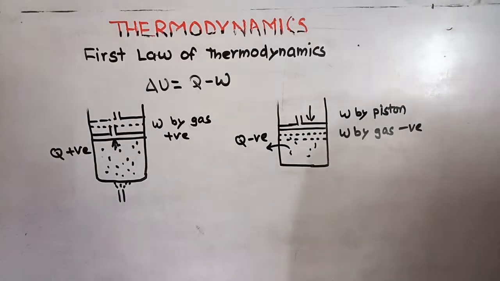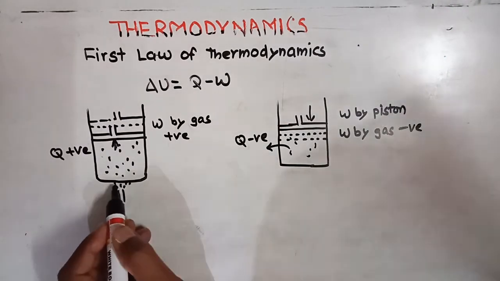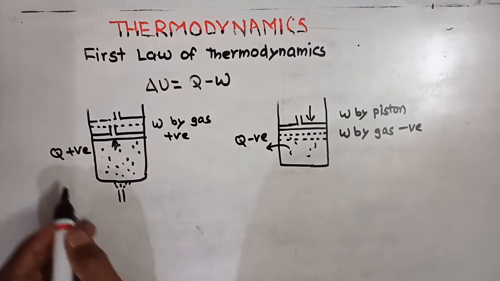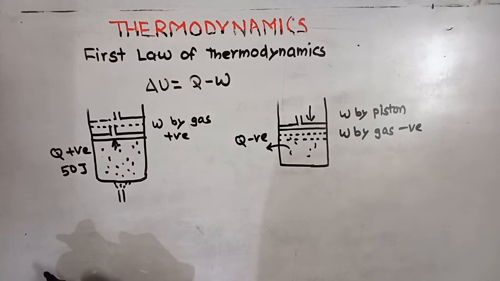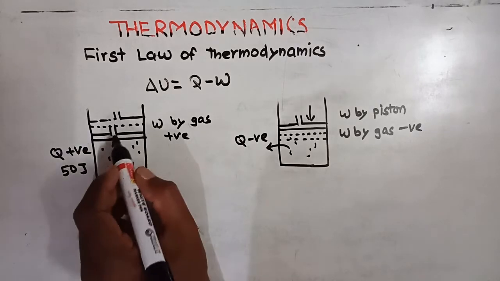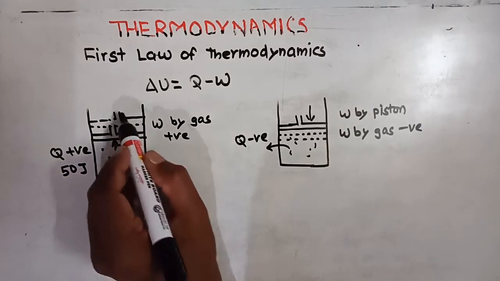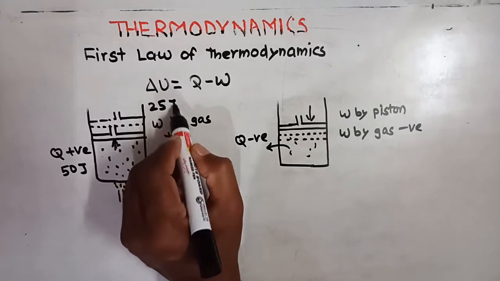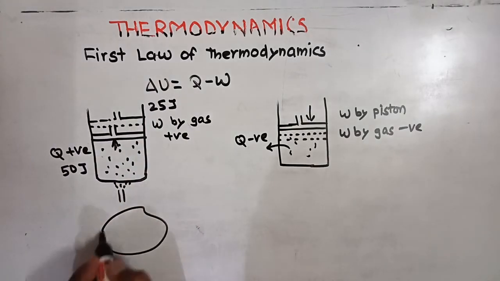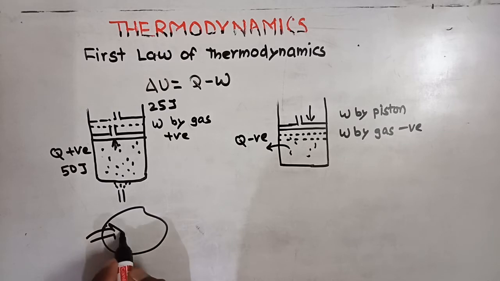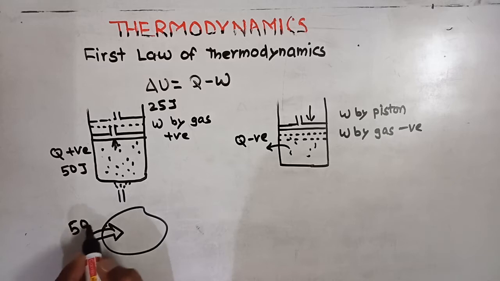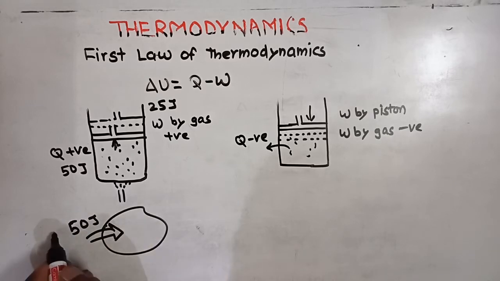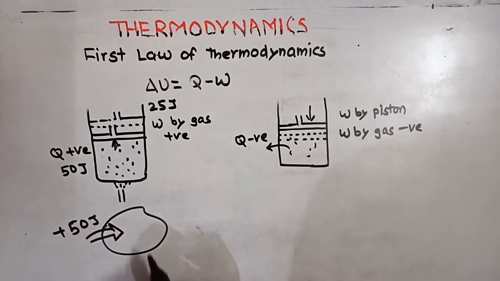Now let us consider the first case, when the gas is heated. Suppose we added 15 joule of heat, and at that time the work done by the gas on this piston is 25 joule. This is the system, and in this system we add heat from the environment. How much heat do we add? 15 joule, and this heat is added, so it is taken as positive.